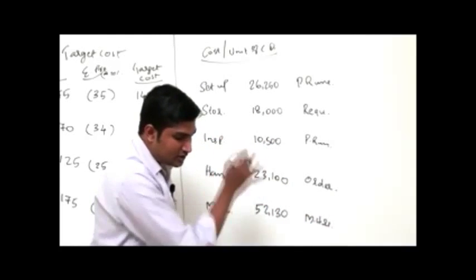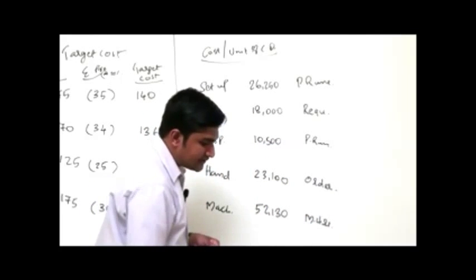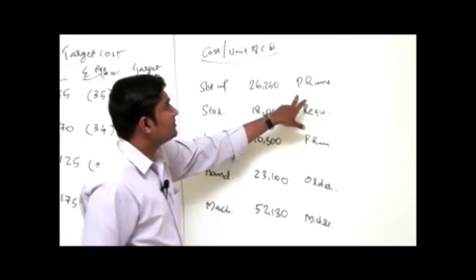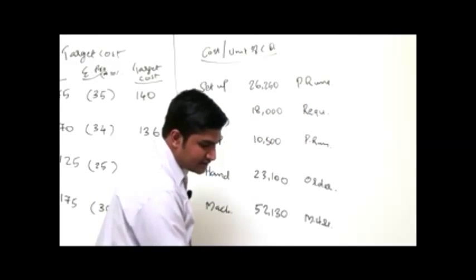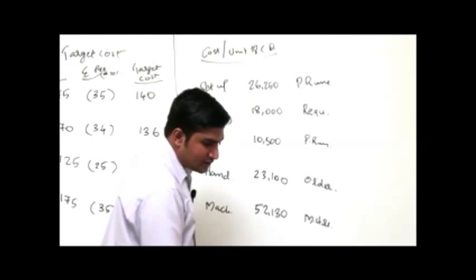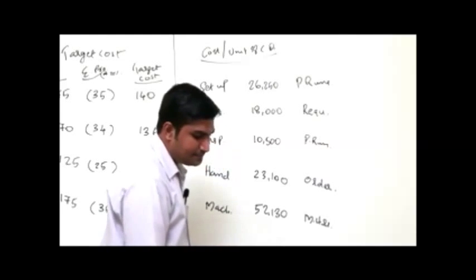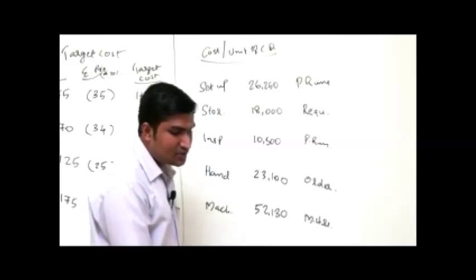Now you have to calculate the total number of cost driver units. Setups, as we mentioned earlier, are driven by production runs, so we have to calculate the number of production runs. It is given in the problem that each batch produces 20 units.